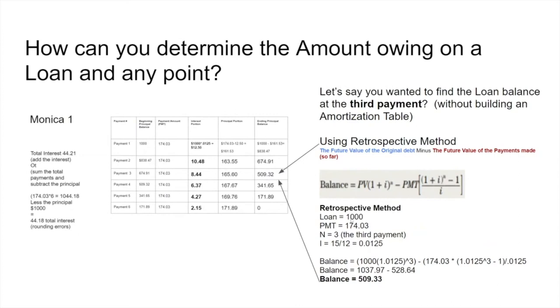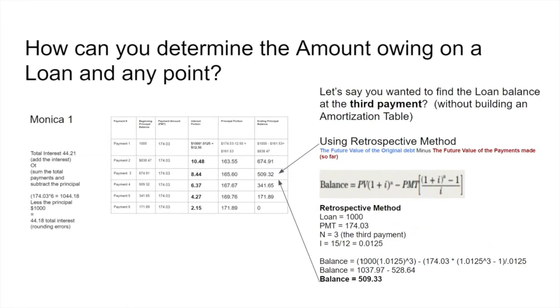So we take this data and plug it into these formulas. We've got 1,000(1 + 0.0125)^3, minus the payment, 174.03 times ((1 + 0.0125)^3 - 1) divided by 0.0125.